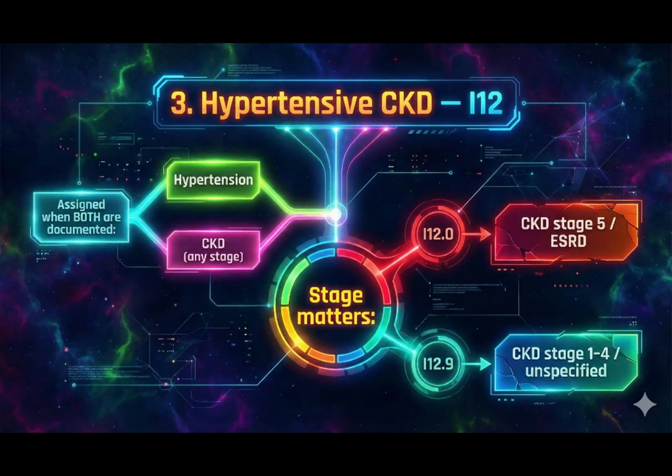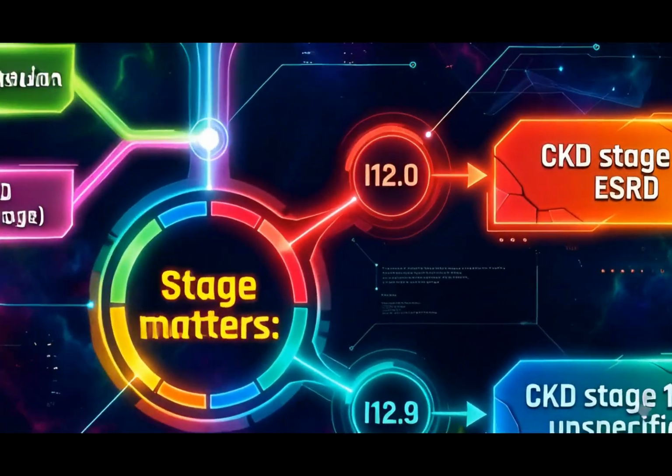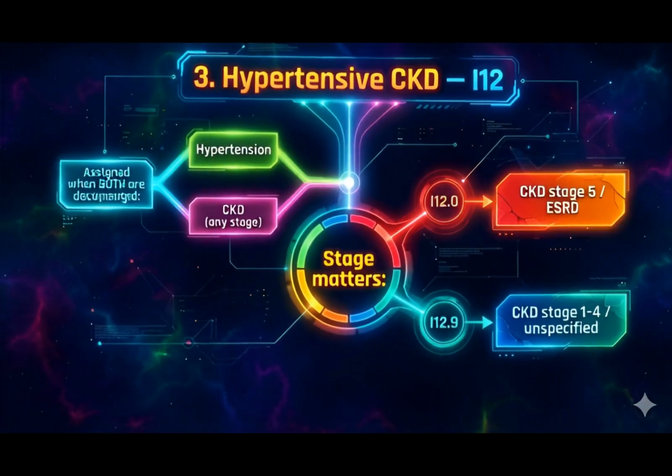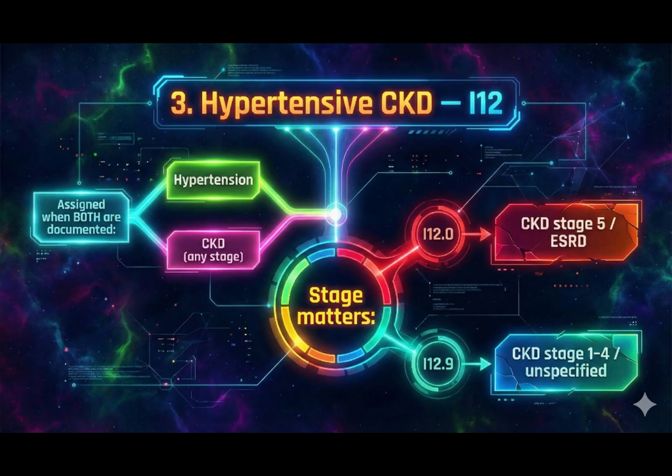The key thing to remember here is the severity of CKD matters because it determines which I12 code you should select. If the provider documents CKD stage 5 or end-stage renal disease, you will assign I12.0, hypertensive CKD with stage 5 or ESRD. And remember to add the CKD stage code from the N18 category as a secondary code.